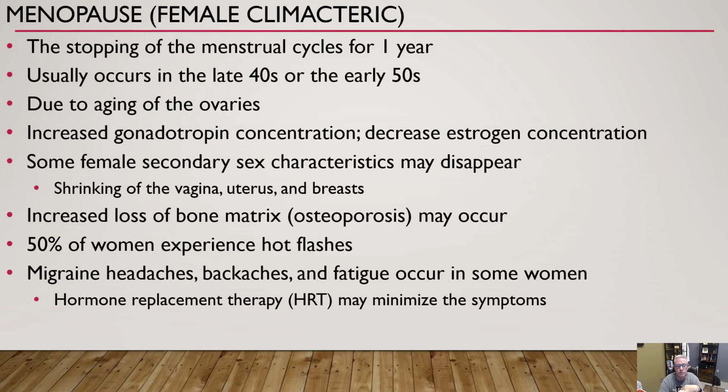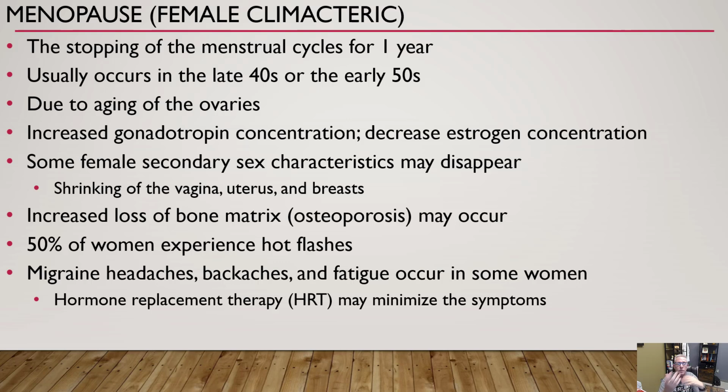And you'll see some of your female secondary sex characteristics start to disappear. You might see shrinkage of the vagina, the uterus, and possibly your breast tissue. With the hormonal changes that come with menopause, you could see osteoporosis, which is increased loss of bone matrix, which is why a lot of people on menopause have to take calcium and vitamin D supplements.